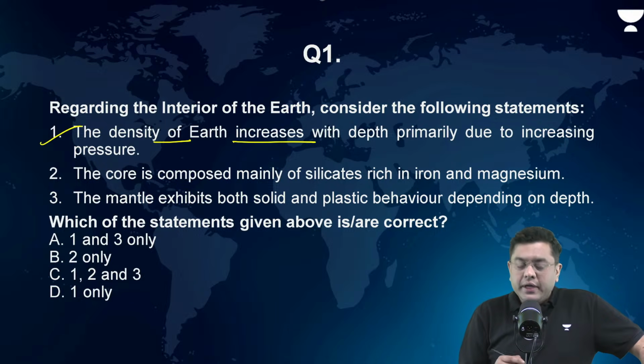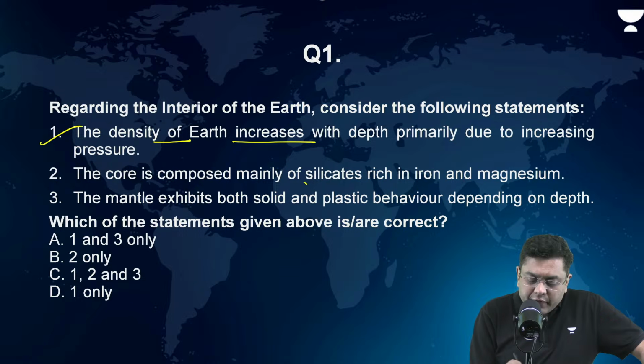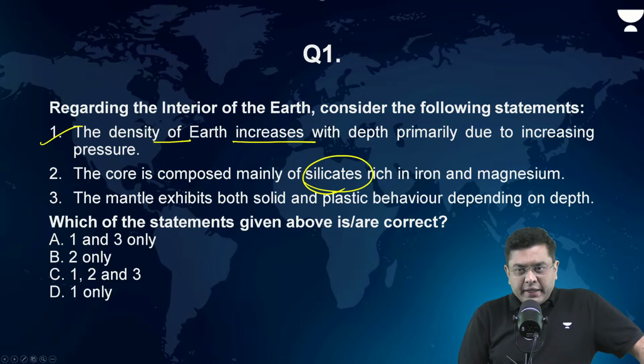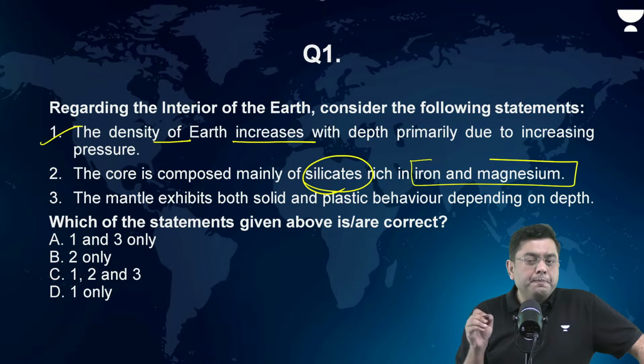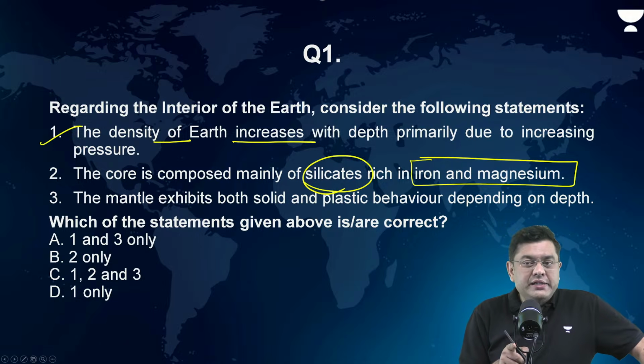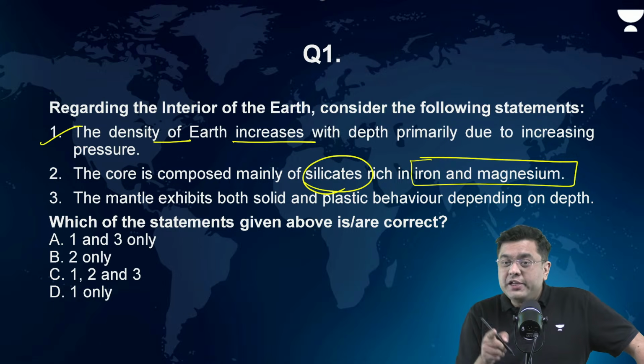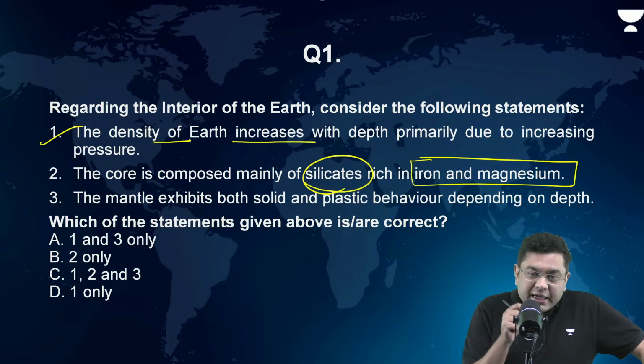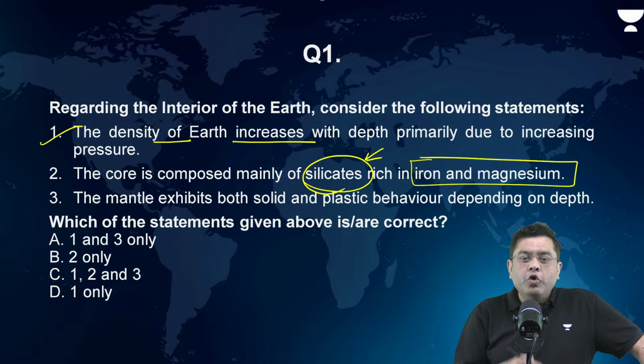Now, the core is not rich in silicates. All of you are focusing upon iron and magnesium. But the key point here is not iron and magnesium or iron and nickel. The key point here is silicates. So, the core is not rich in silicates.